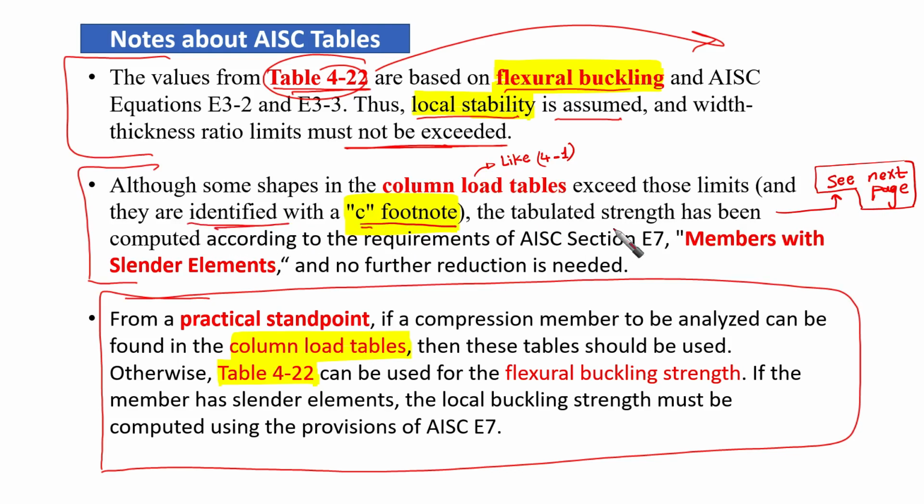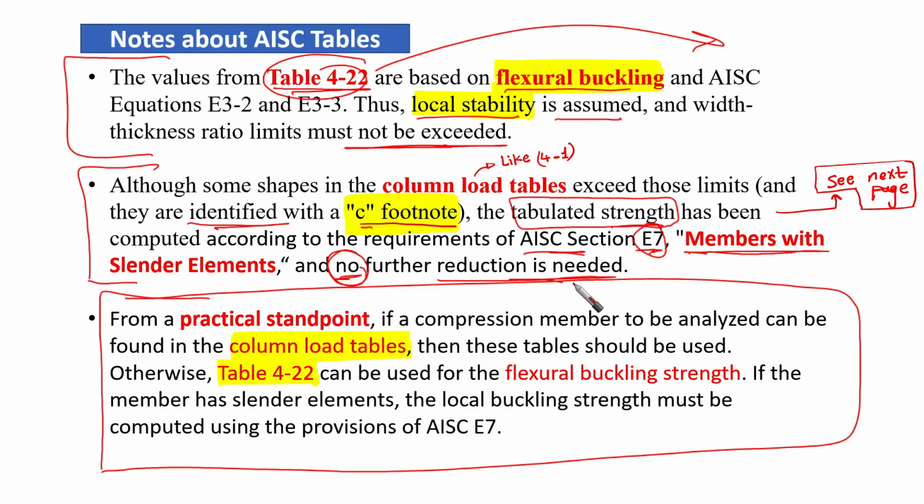The tabulated strength, that's very important, has been computed according to the requirements of AISC section E7. This means that we have already reduced the strength for you to take into consideration the slenderness issues, the local stability issues. It has already been designed based on the members with slender elements section in AISC, and remember, no further reduction is needed.